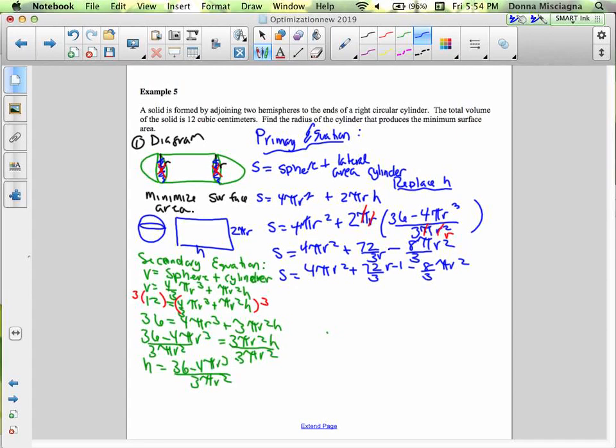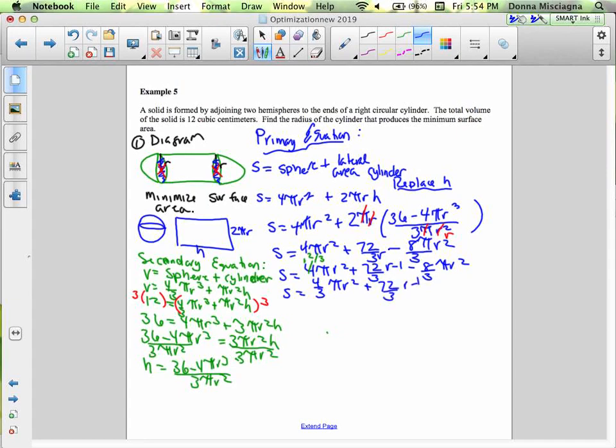Maybe we should do that. Right? So 4, that's 12 thirds. They're exactly the same, so 12 thirds. So 12 thirds minus 8 thirds, that's just going to be 4 thirds. So positive 4 thirds pi r squared plus 72 thirds r to the negative 1.